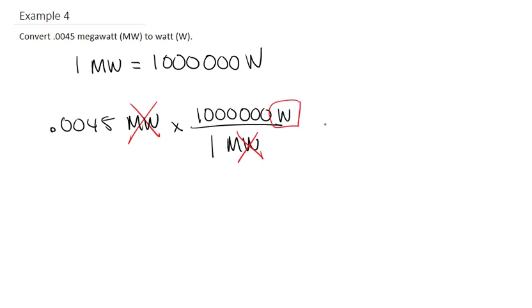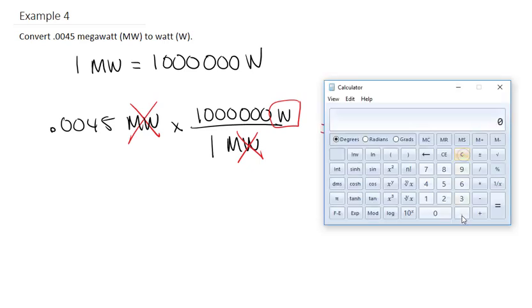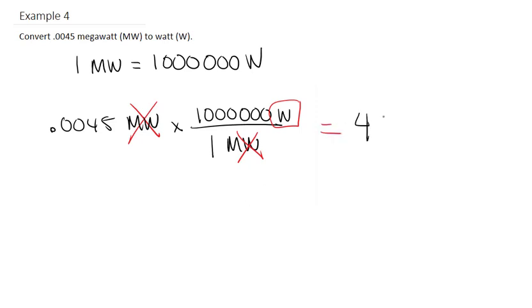Then we're left with what we need. So now we can go ahead and multiply. 0.0045 times 1 million. And we're left with 4,500 watts.